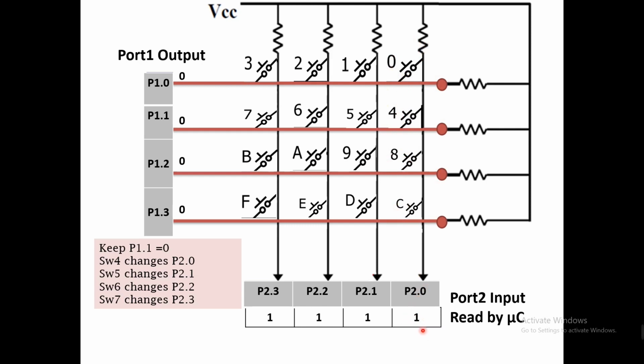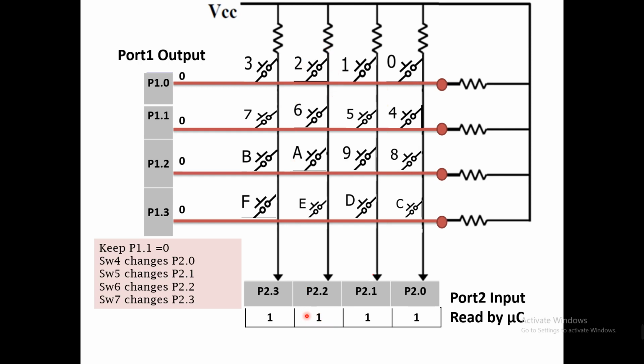What we know is that if the input port reads 0, it means any one out of the 4 switches is pressed, but which one is pressed we cannot say by knowing only this value.